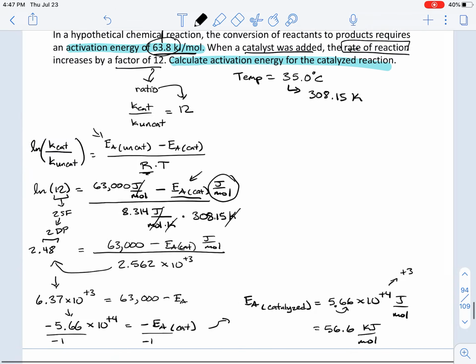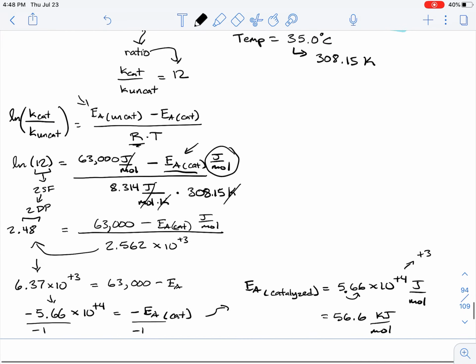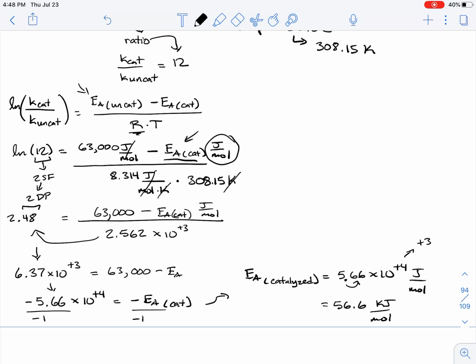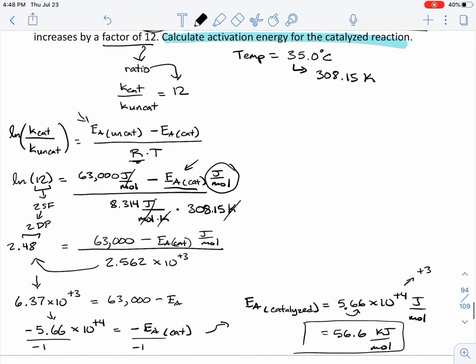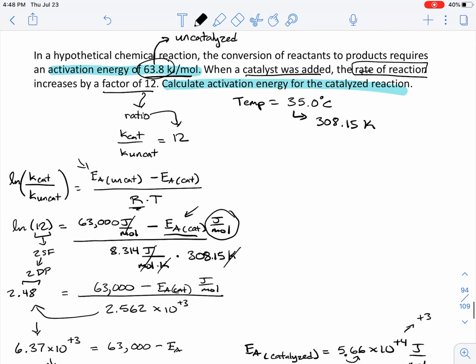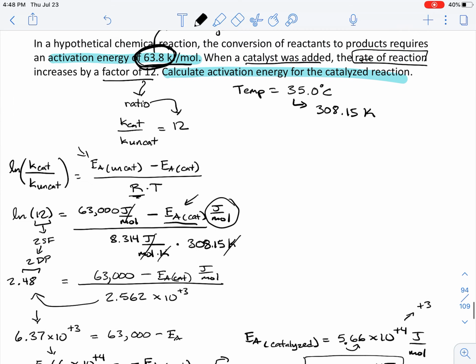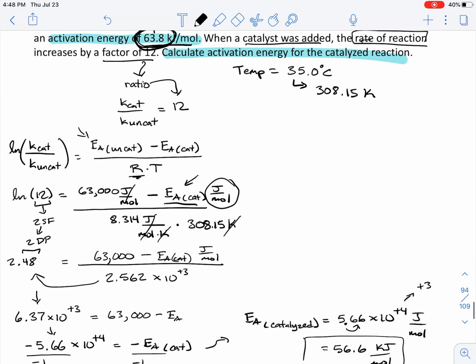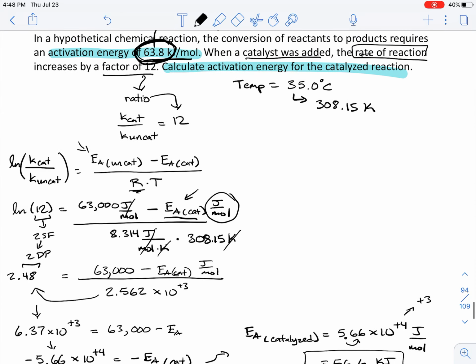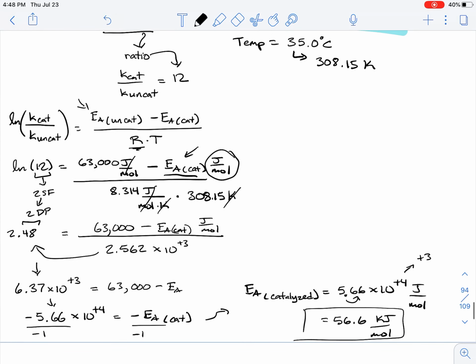All right. And so let's see if our answer makes sense. So the uncatalyzed reaction is going to be 63.8 kilojoules per mole. However, once we add a catalyst, the activation energy decreases to 56.6 kilojoules per mole.